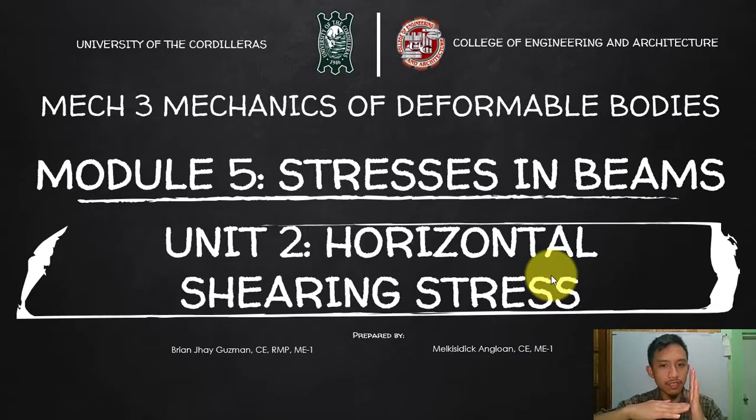That's why we call this a horizontal shearing stress. That is an additional internal resistance of the beam to withstand the internal moment and then the internal shear.